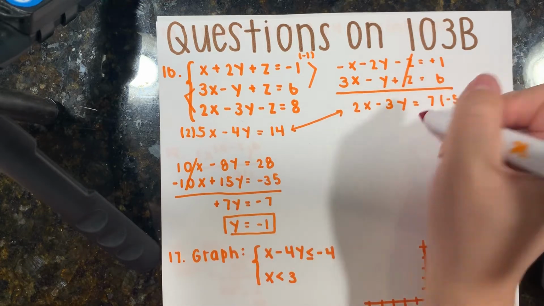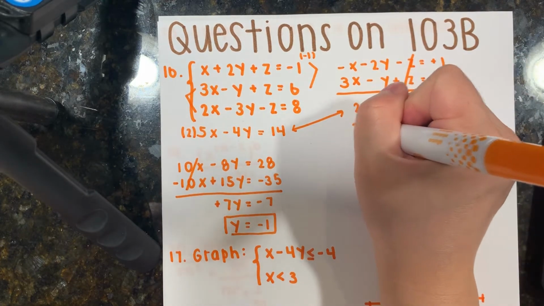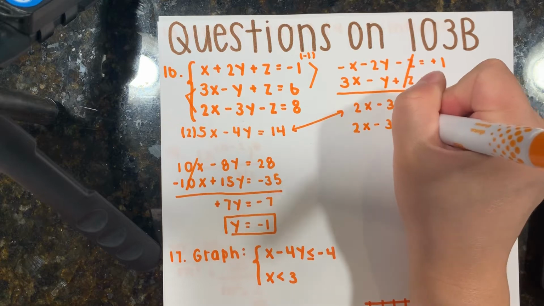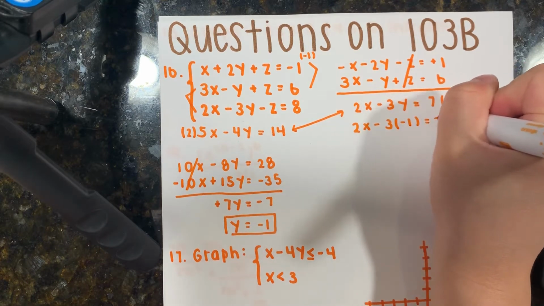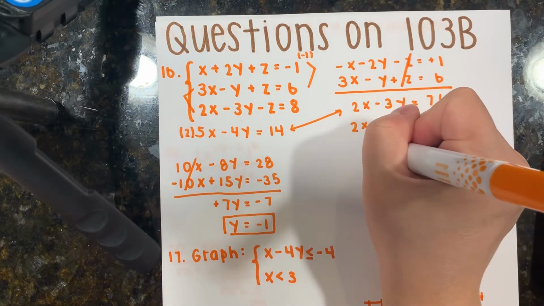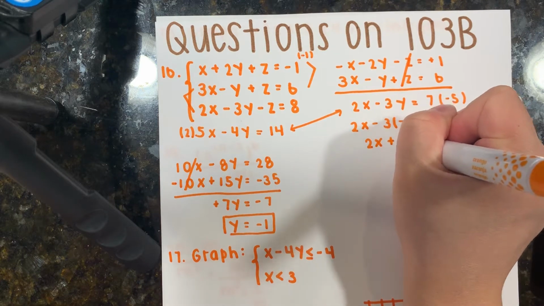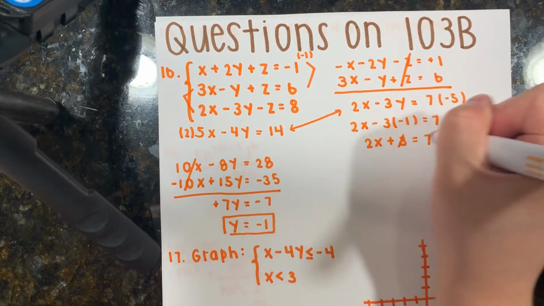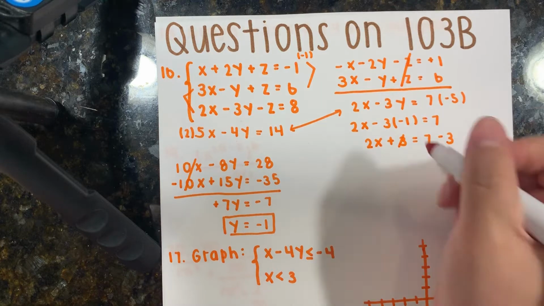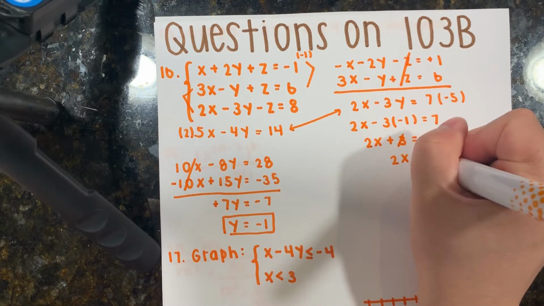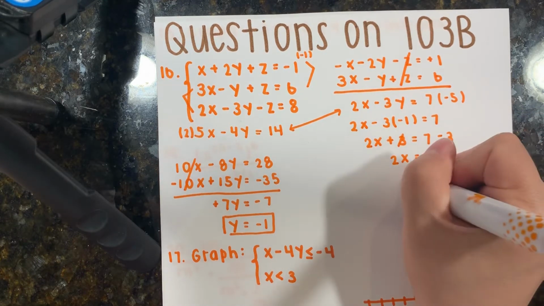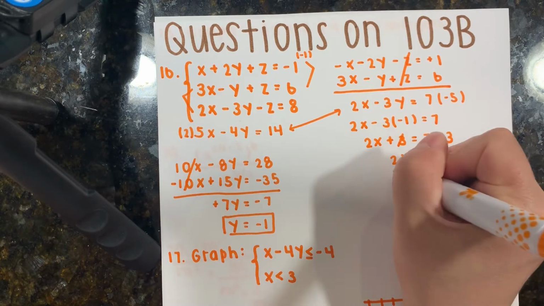Now, once I know that, I'm going to plug it into this equation here. So that would be 2x minus 3 times -1 equals 7. So 2x plus 3 equals 7. Subtract 3, and that would give me 2x is equal to 4. And therefore, x is equal to 2.